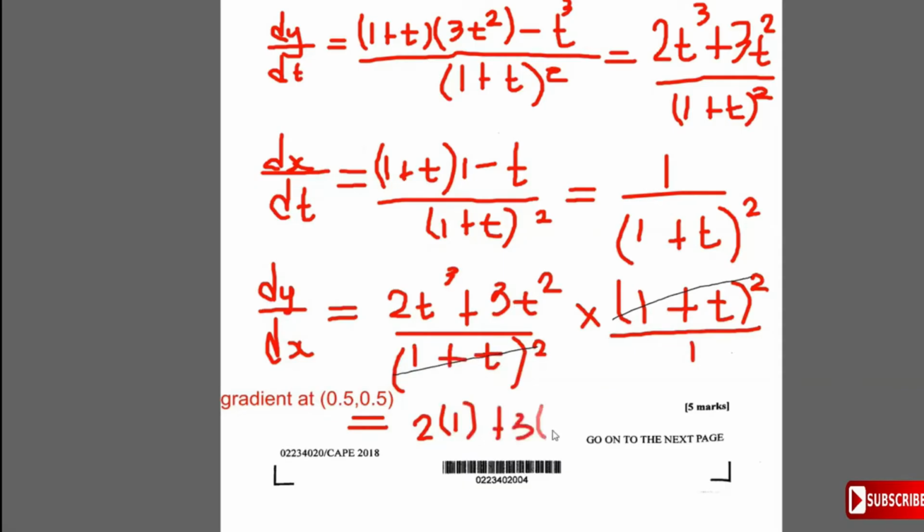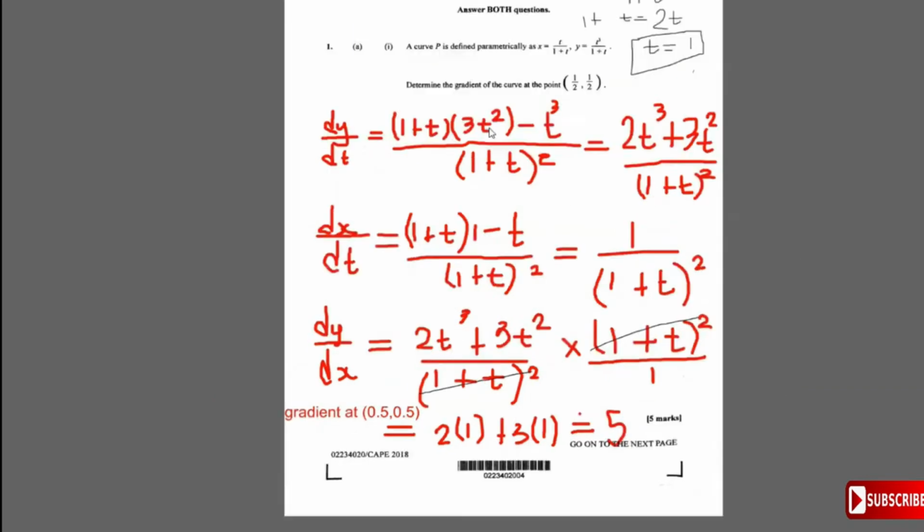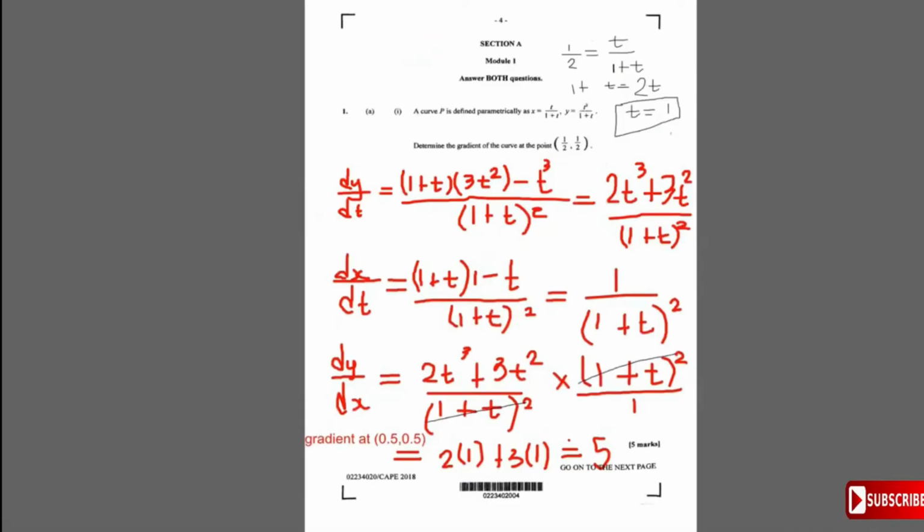And so the gradient at this point is equal to 5. Nice and easy. That's the first part of this question. The gradient is 5. Continuing right along.